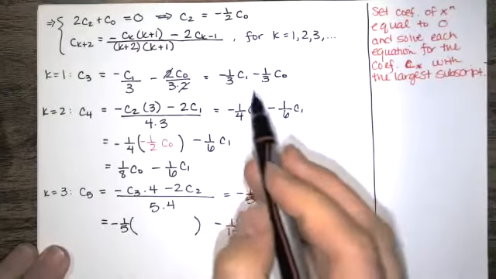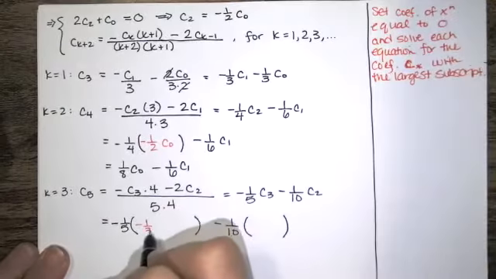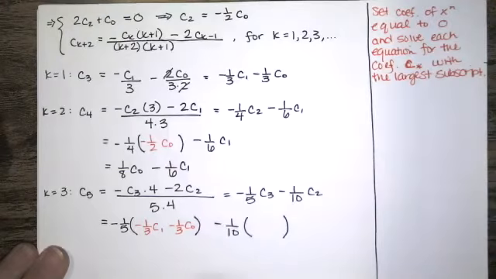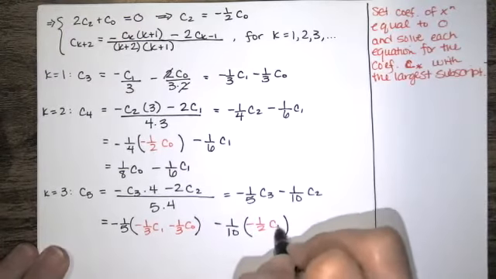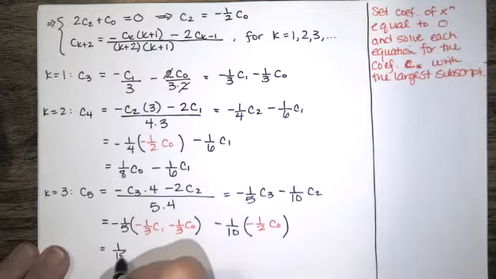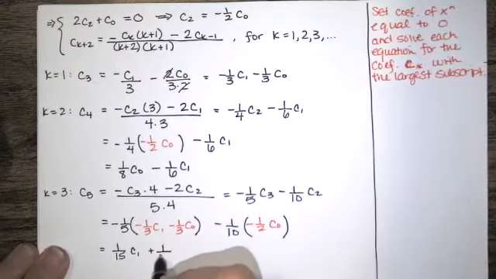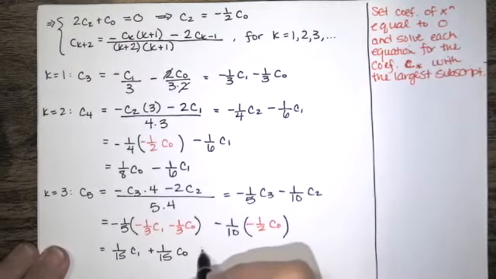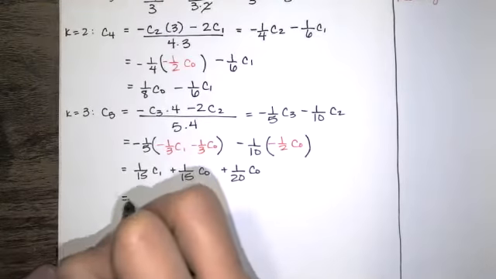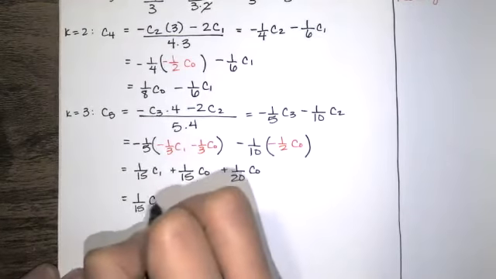So c sub 3 was this, negative 1/3 c sub 1 minus 1/3 c sub 0. And c sub 2 was negative 1/2 c sub 0. So we'll get 1 over 15 c sub 1 plus 1 over 15 c sub 0 plus 1 over 20 c sub 0.